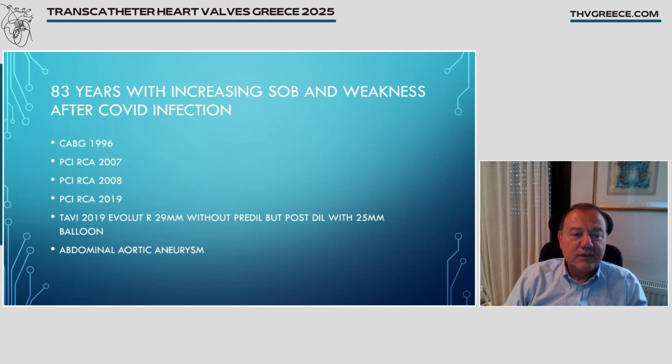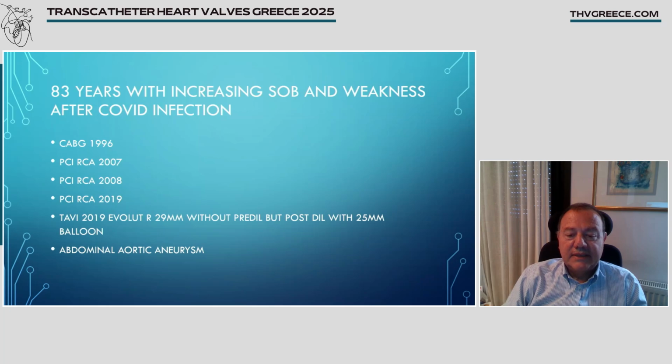He had a long history. He underwent coronary artery bypass in 1996, angioplasty of the right coronary in 2007, again of the right in 2008, and then 11 years later in 2019. At that stage, it was found that he had also severe aortic stenosis, and he underwent TAVR in 2019 with an Evolut R29.